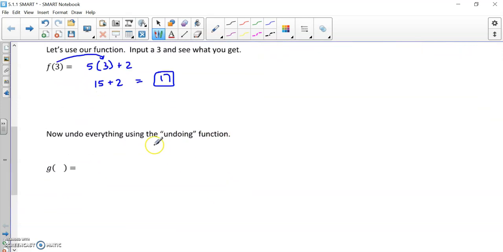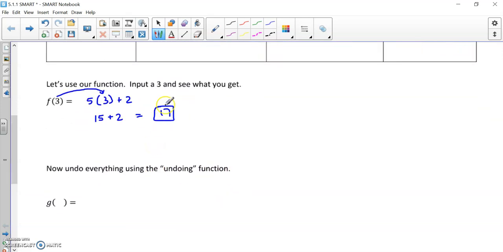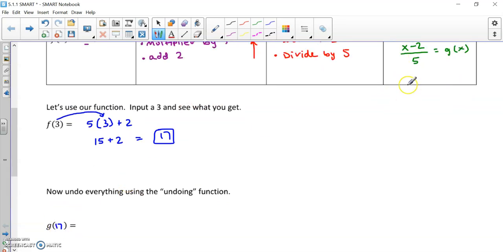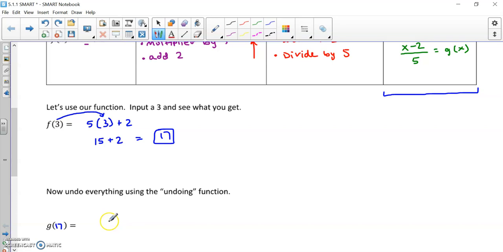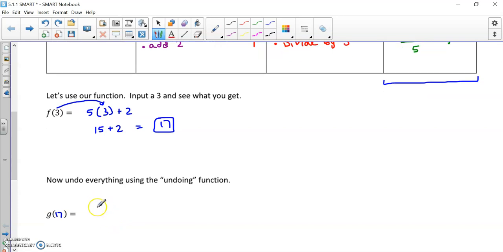Okay, so now the next thing we're going to do is undo everything using the undoing function. This 17 that we got here, we're going to plug it into this function that we just got. I'll use green for that. So we're going to plug 17 in for x.